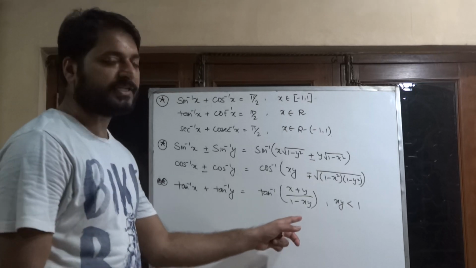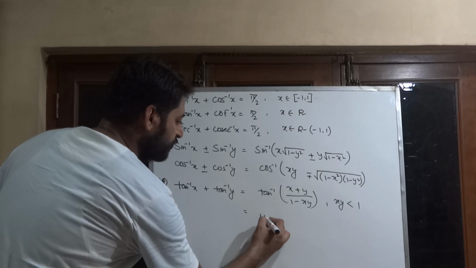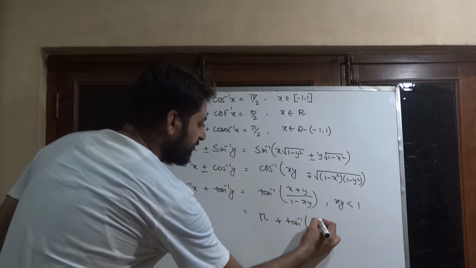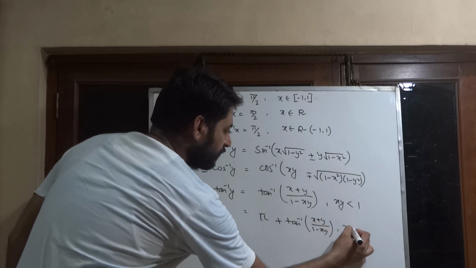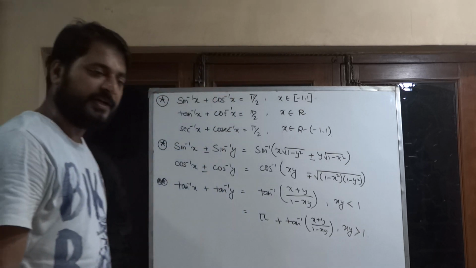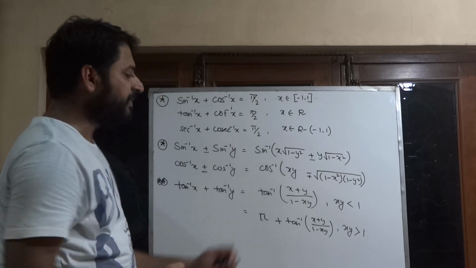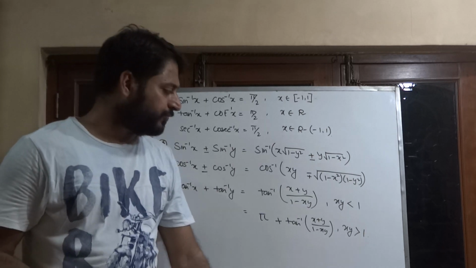If this quantity xy is less than 1, then this holds true. But it equals pi plus tan inverse of x plus y by 1 minus xy if x into y is greater than 1. Similarly, if it is minus, it will be tan inverse of x minus y by 1 plus x into y.